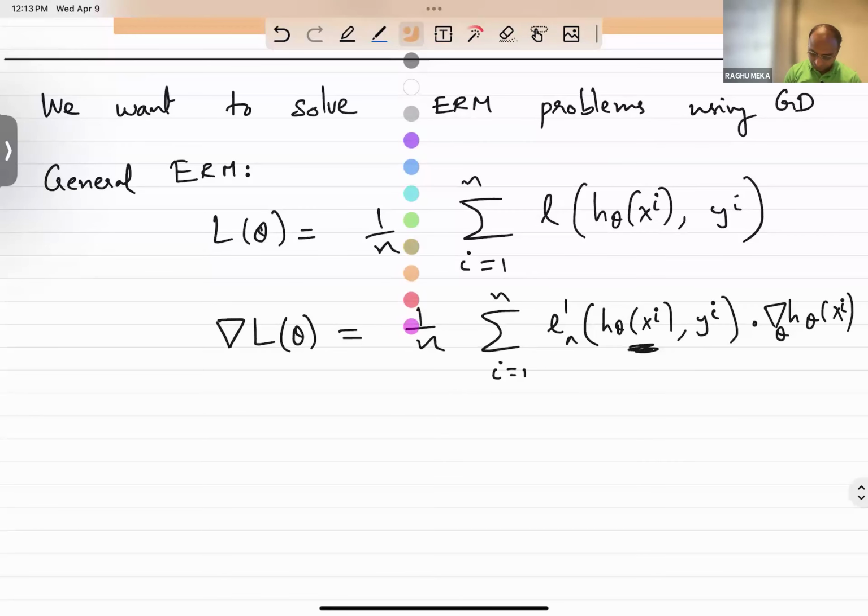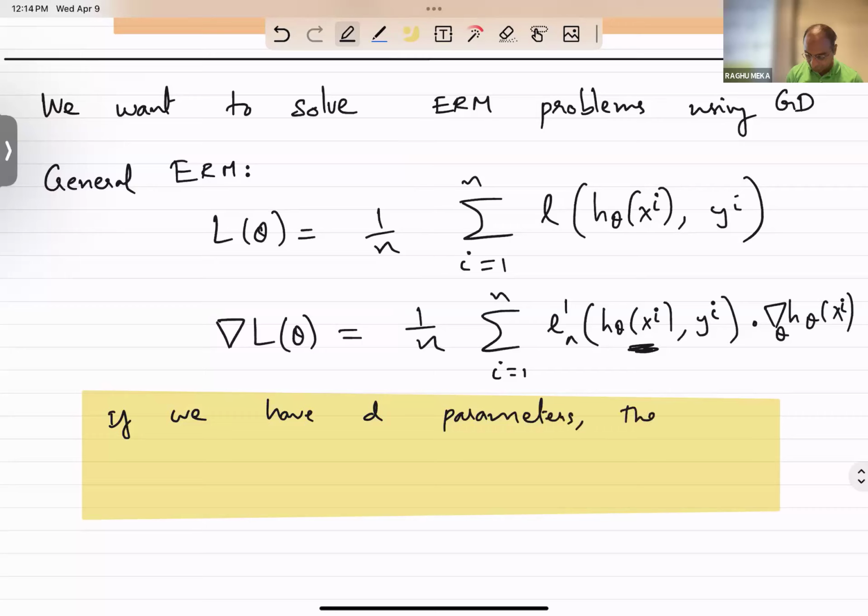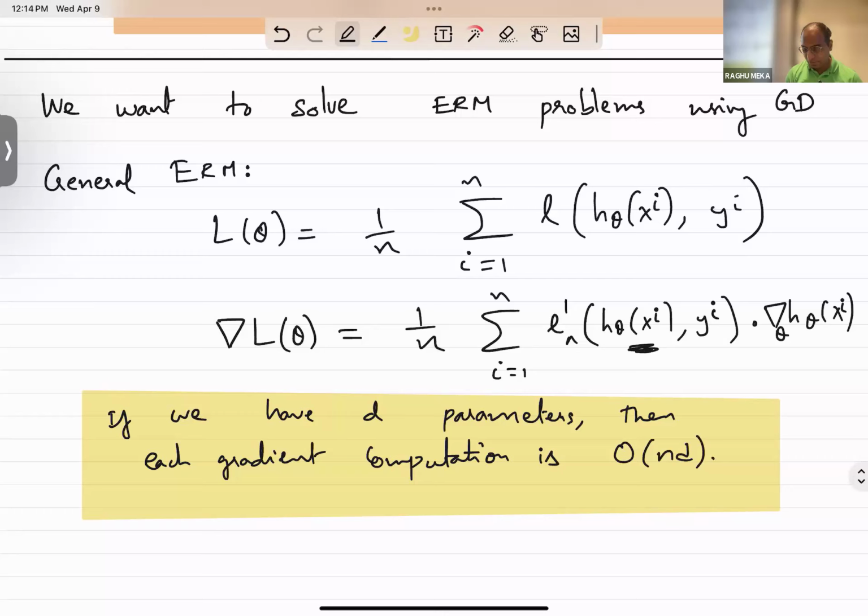So if we have d parameters, then each gradient computation is at least O of nd.